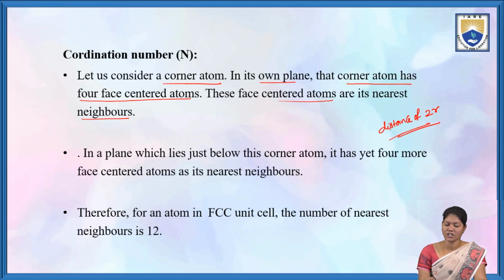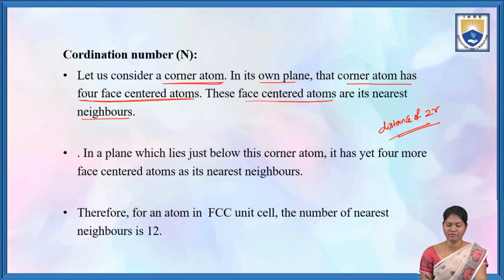Here we are considering an atom. This atom, in its own plane, we are taking as a corner atom, and it has 4 face-centered atoms. These face-centered atoms are its nearest neighbors.